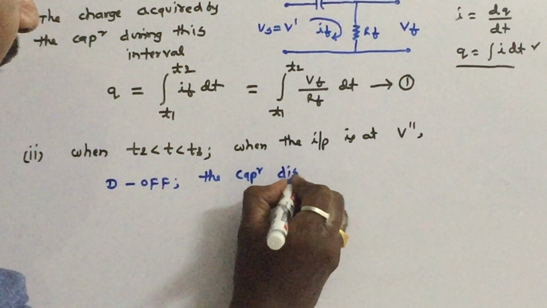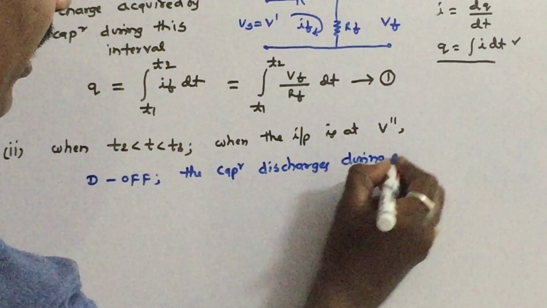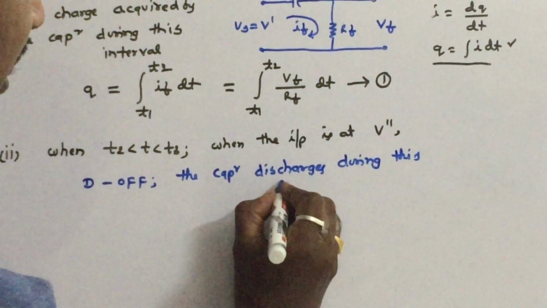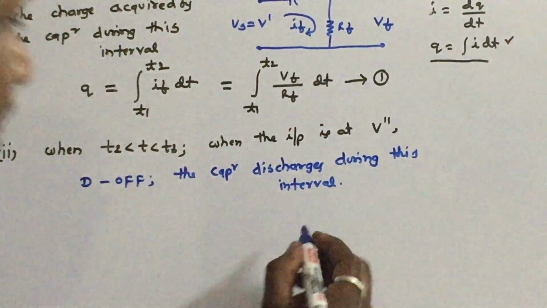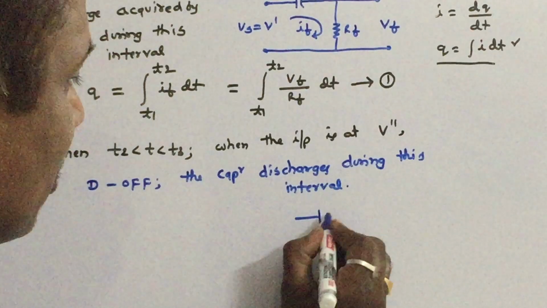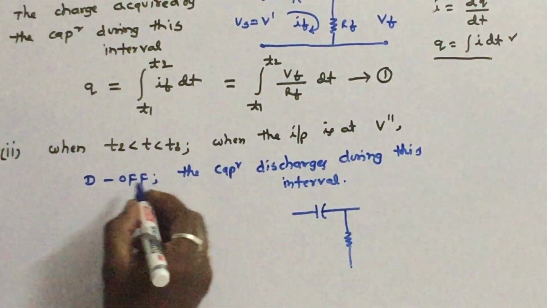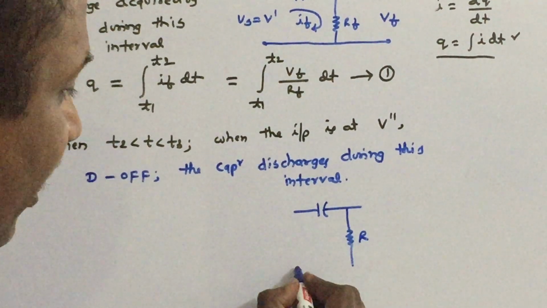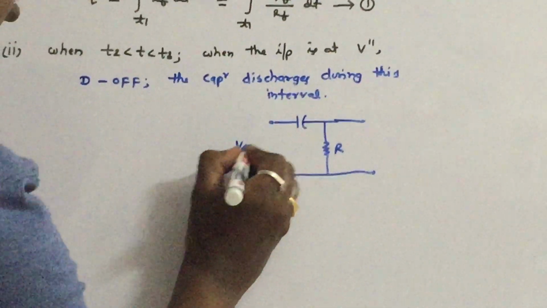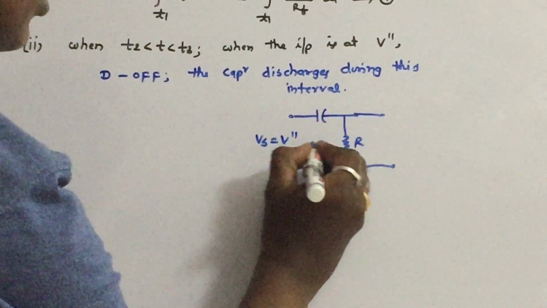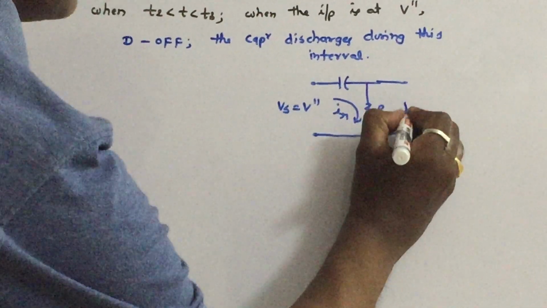The capacitor discharges during this interval, so that is what you have to mention. So what is the circuit? The circuit is very simple, capacitor. Since the diode is open, we have to replace it with shunt resistance, remember that. So Vs is equal to V double dash during this period. Let us say the current in the circuit is IR, and the output voltage across the resistor is VR.